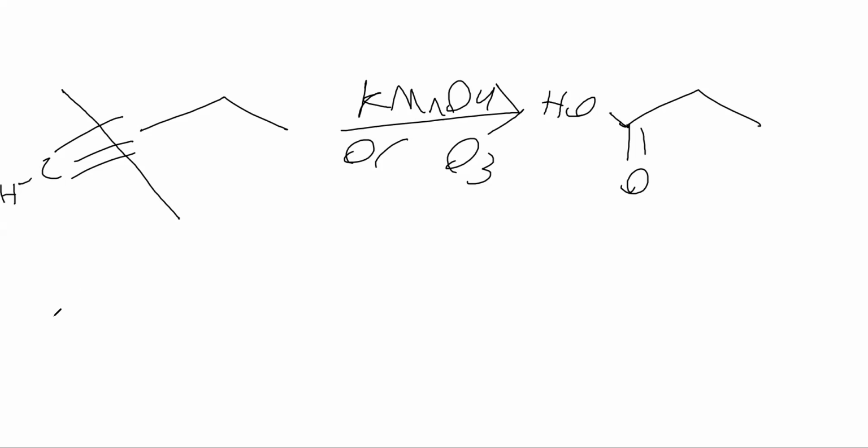Just like if we cleaved this double bond with KMnO4, that would fully oxidize the carbon on the left here with its two hydrogens. So similarly, this carbon here, because we're forming a carboxylic acid, it's gonna form carbon dioxide as a byproduct, just like KMnO4 with this alkene would form carbon dioxide as a byproduct.